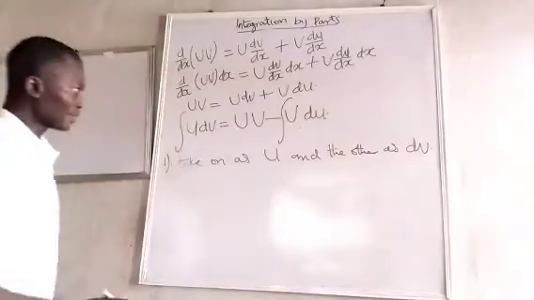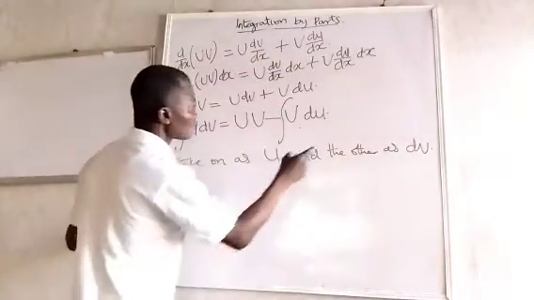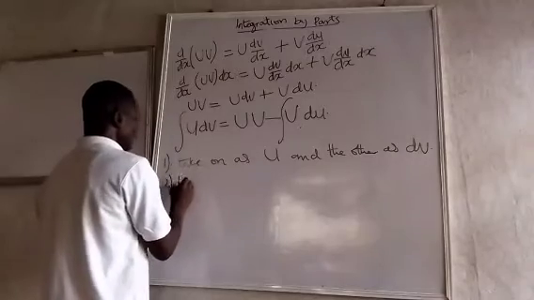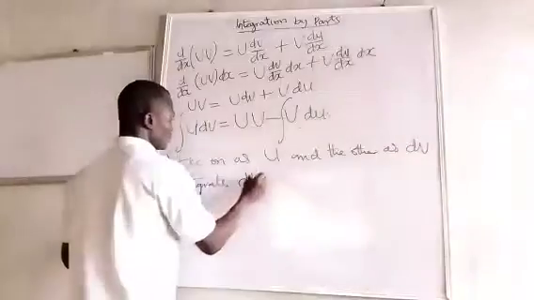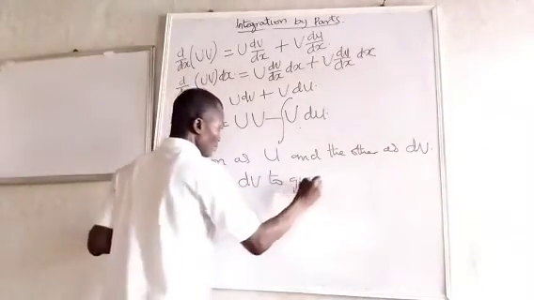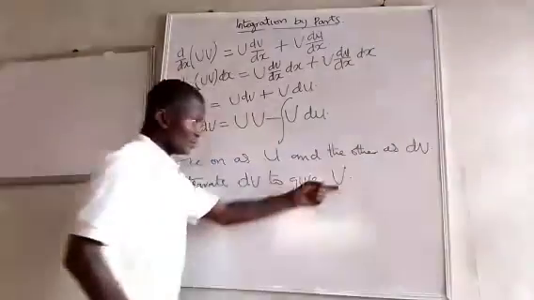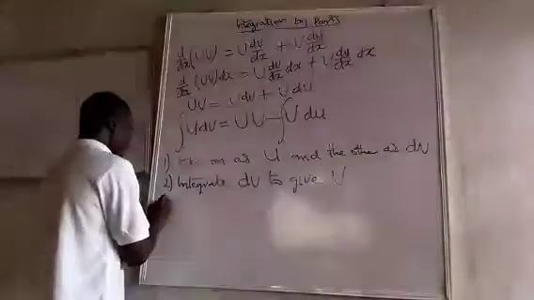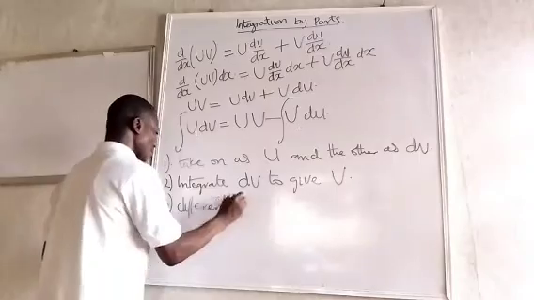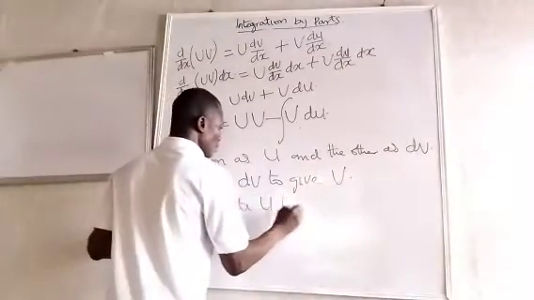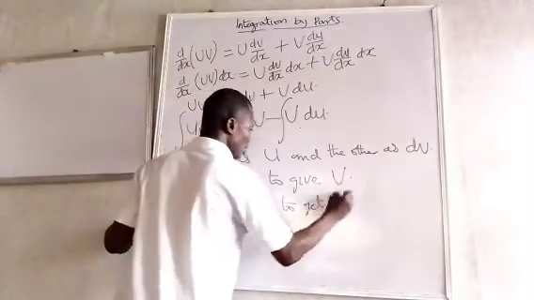The second step is to integrate dv to give v. Thirdly, differentiate u to get du.